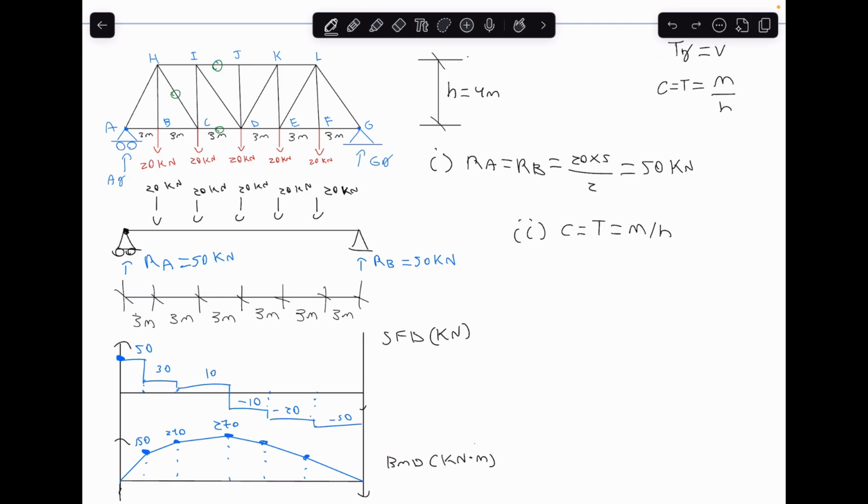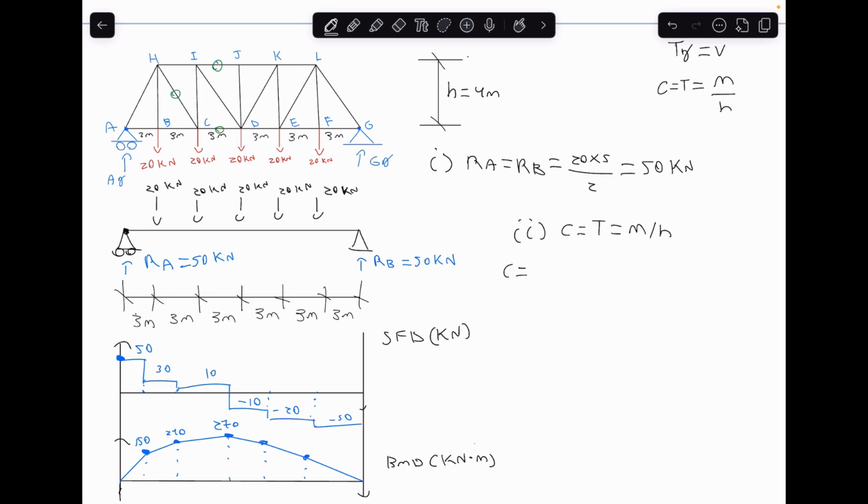Now, the hint was it's in the most critical location, but all we have to do is really just draw an arrow here to figure out which segment on our bending moment diagram is responsible for that panel on the truss. And that's the panel between 6 and 9 meters, right? So we're going to use 270 kilonewton meters to find this axial force.